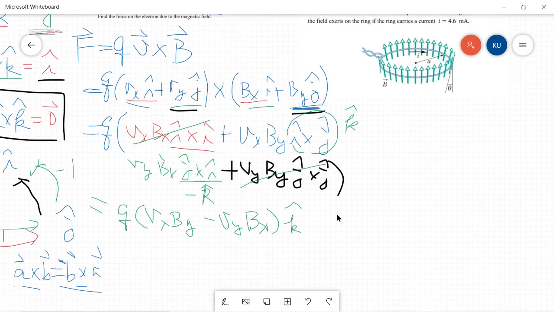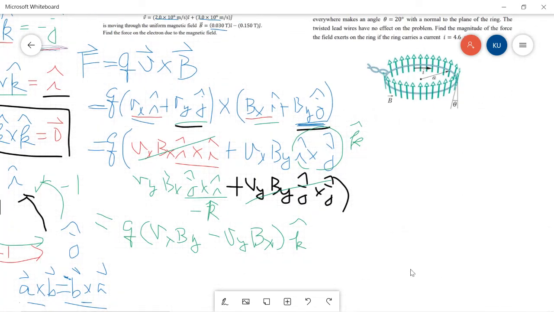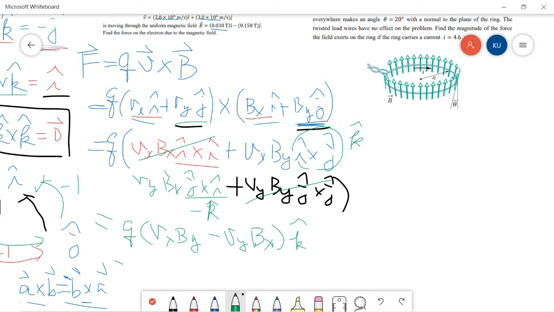And then we substitute all the values into here. Q is an electron, so the charge should be minus 1.6 times 10 to minus 19.